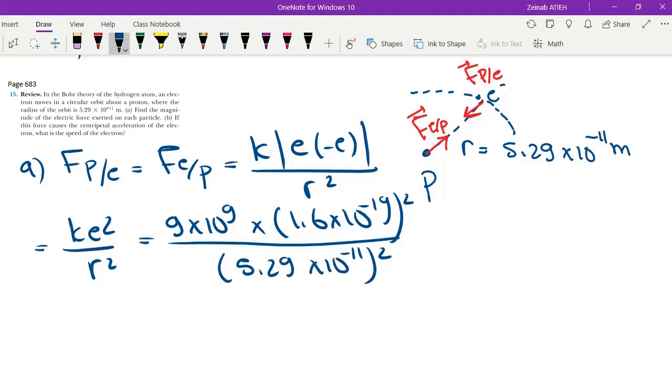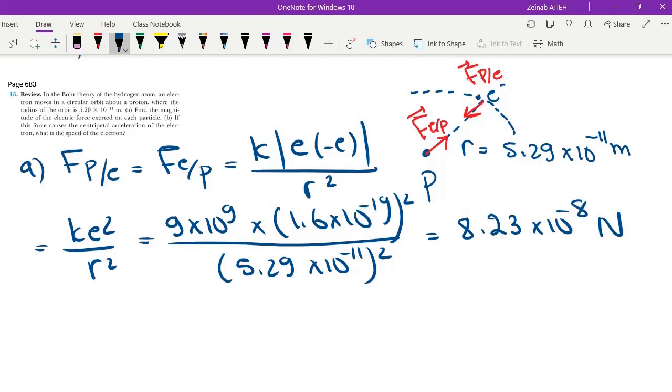This is equal to 8.23 times 10 to the power minus 8 Newton. This is the magnitude of the electric force exerted on the electron and on the proton.